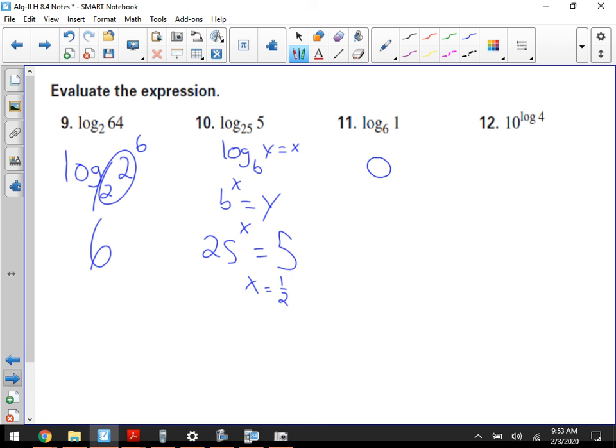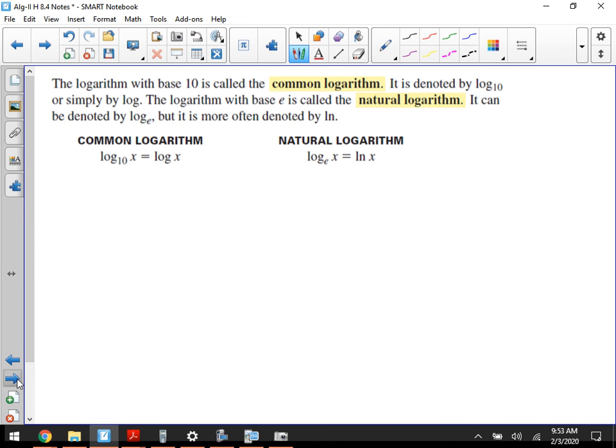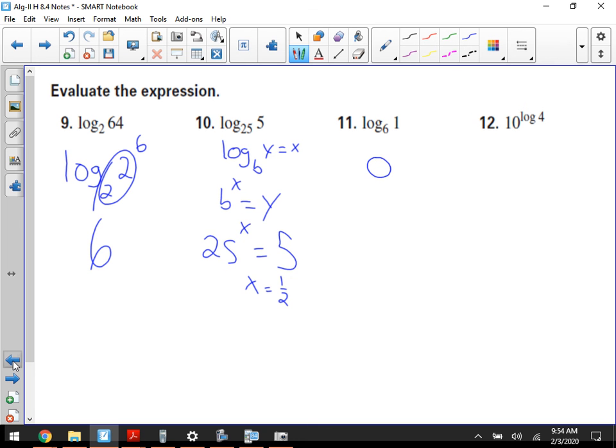What's the last one then? Because when you're looking at your base, you're thinking of it as the base to what power gives you 5.